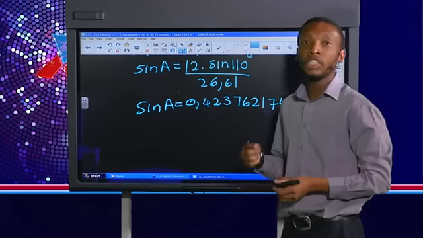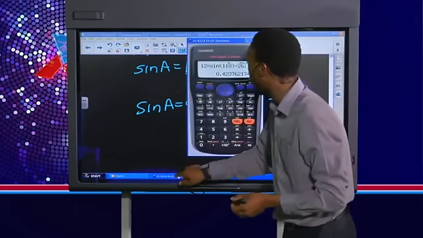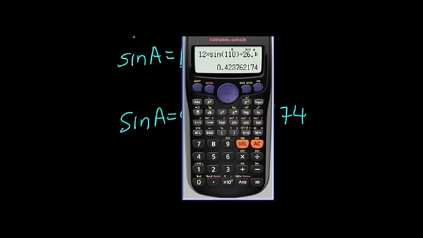Remember, we go shift sine on our calculators. Let's clear it first.